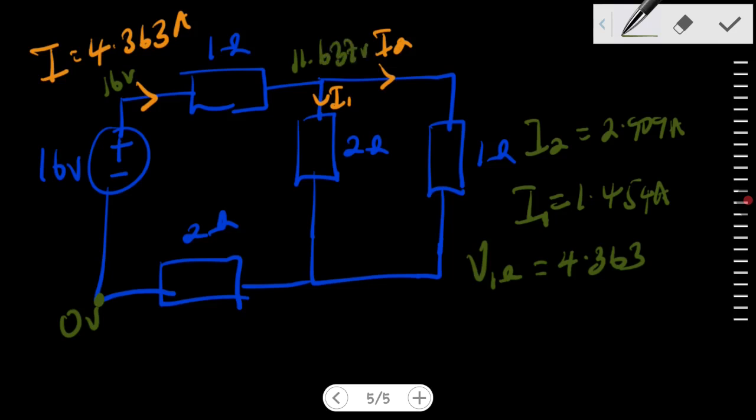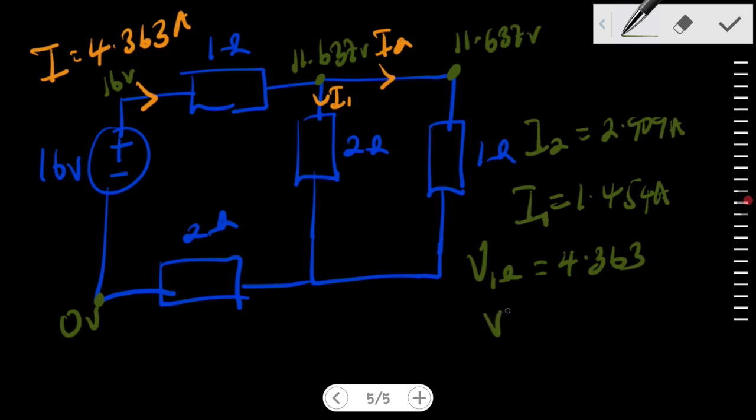giving me 11.637 volts. This point is also at the same potential because there is no resistor at that point where the potential would drop. So that means that here we're also having 11.637 volts. They are at the same potential. Also, the potential drop across this resistor, right?